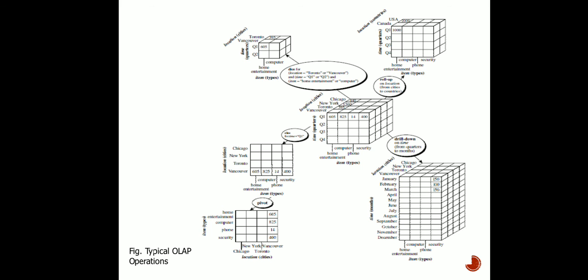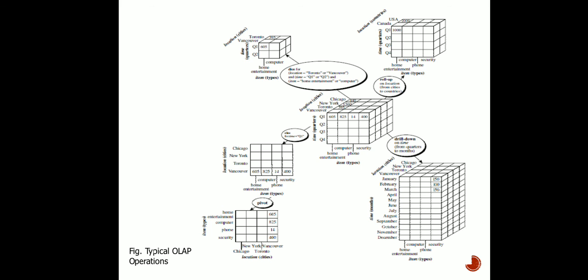Now if we have to find out the pivot, just see, we are pivoting on the item types. Item types means what can be the item types? It can be home entertainment, computer, phone and security.